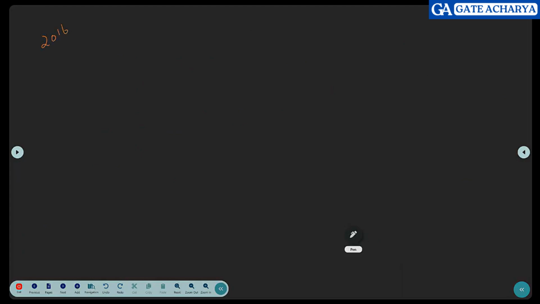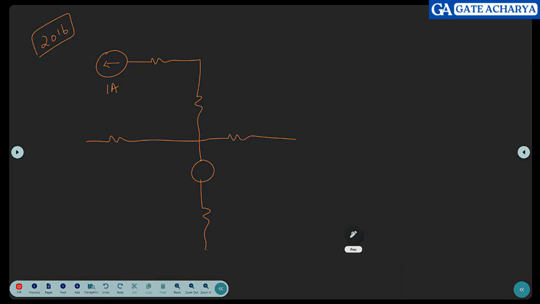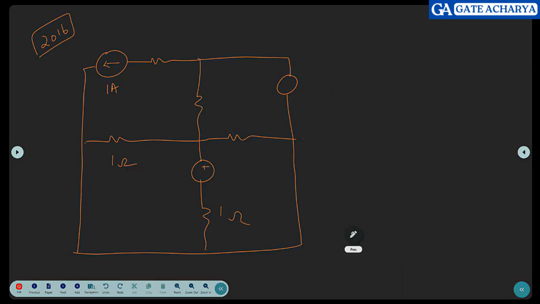Another 2-mark question. See if we can solve this.